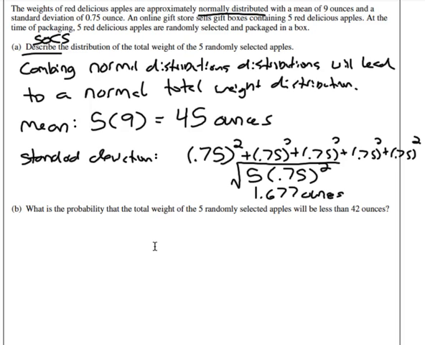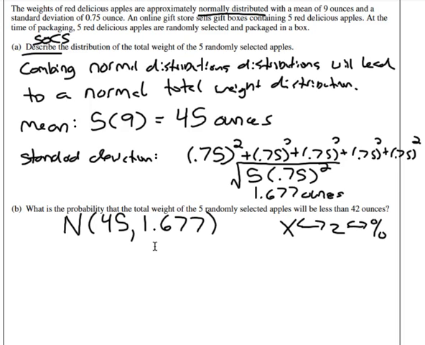So what's the probability that the total weight of the 5 randomly selected apples will be less than 42 ounces? All right, well, again, we're talking about something that's normally distributed, centered at 45, standard deviation 1.677. So our general approach with a normal probability is still the same.